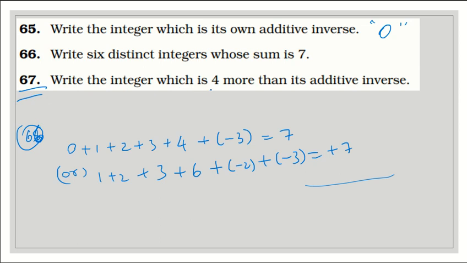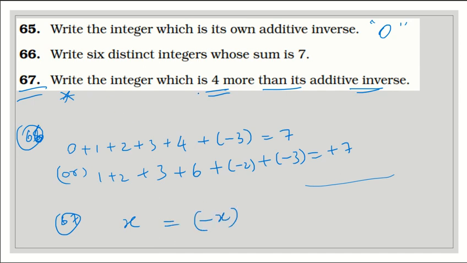Write the integer which is 4 more than its additive inverse. This is an important question. See children, to solve this question you need to think like this. Let's say x is the integer and its additive inverse is minus x.